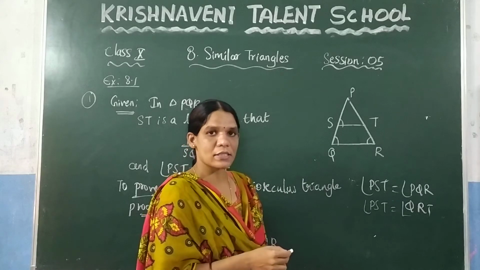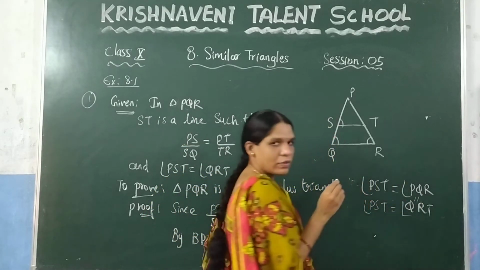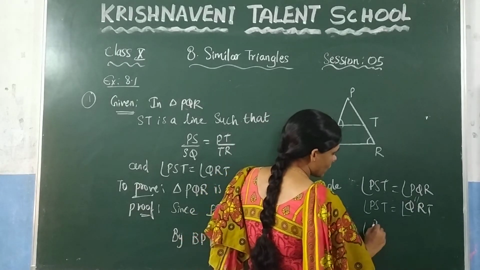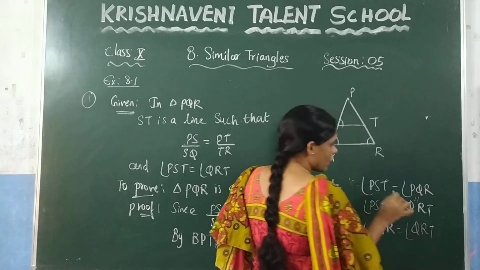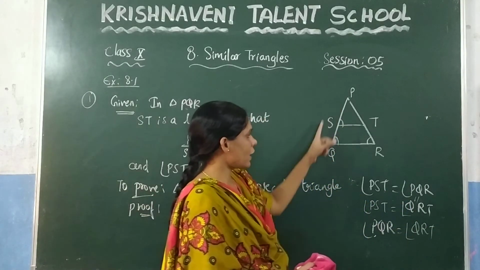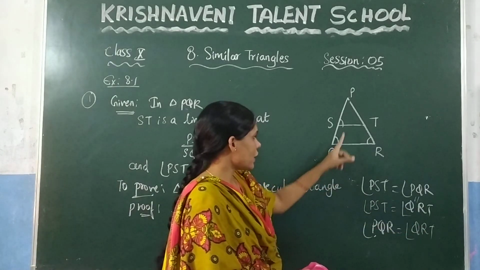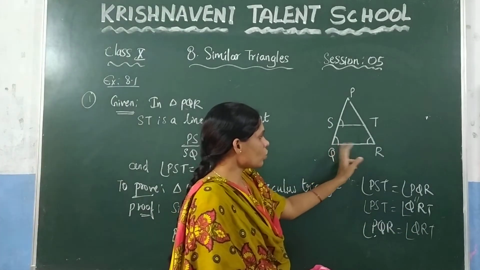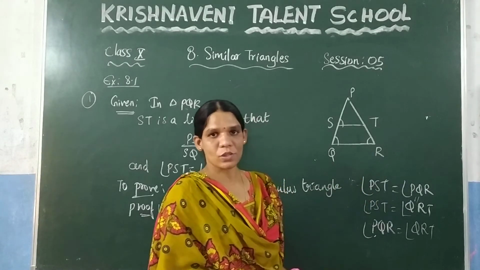So since the LHS are equal, you can equate the RHS. So you will get these two angles are equal. Which is nothing but angle PQR is equal to angle QRT. That means in this triangle, angle Q is equal to angle R. So in this triangle, if two angles are equal, what can we say about this triangle? It is nothing but an isosceles triangle.